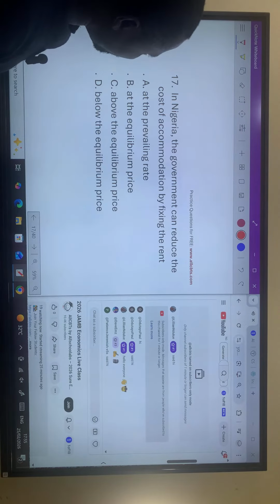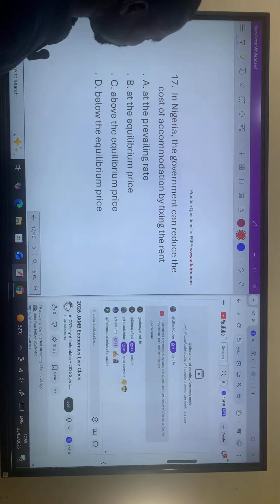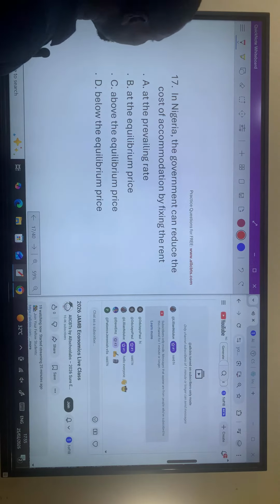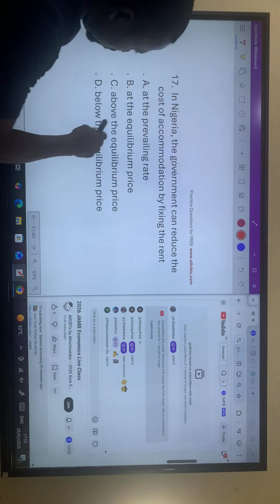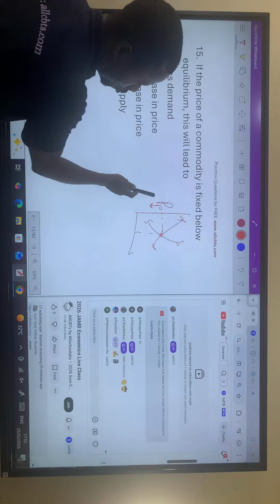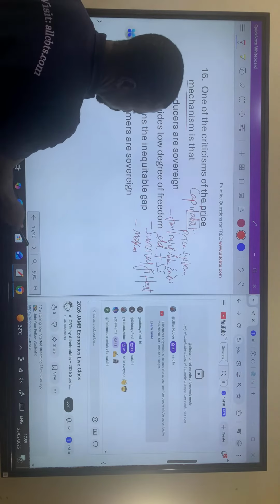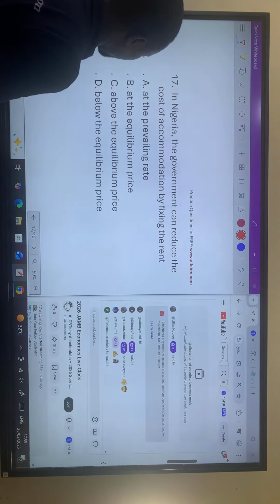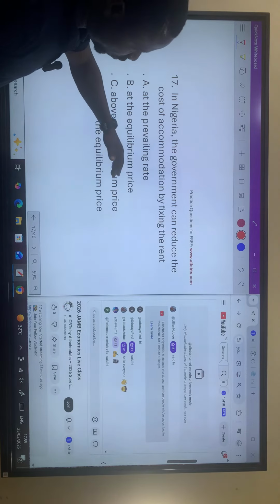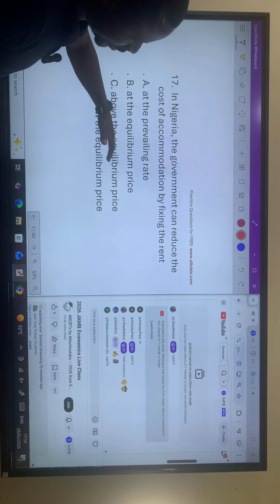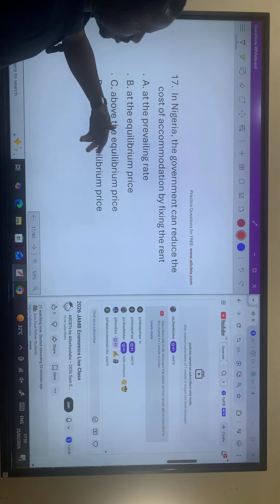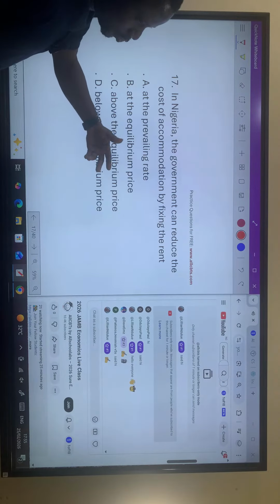In Nigeria, the government can reduce the cost of accommodation by fixing the rent below equilibrium price. Below equilibrium price, just like the last two questions we discussed. So when the price is fixed below equilibrium price, yes, it makes the accommodation readily available for the people, but then the mortgage suppliers or the suppliers of those buildings will be reluctant to continue to build.